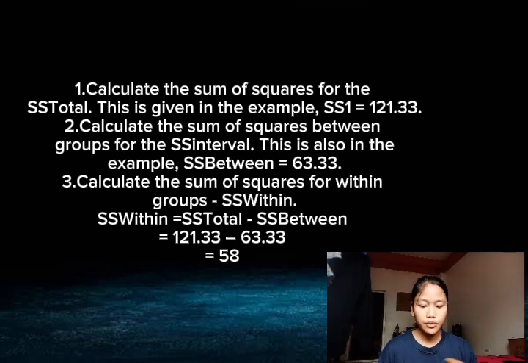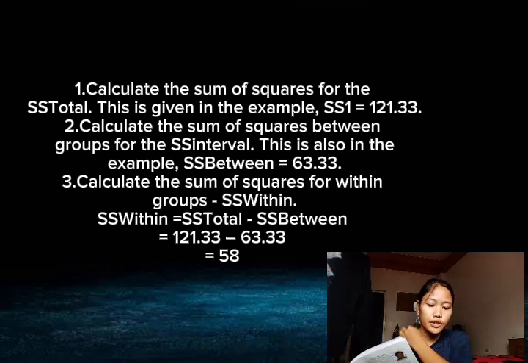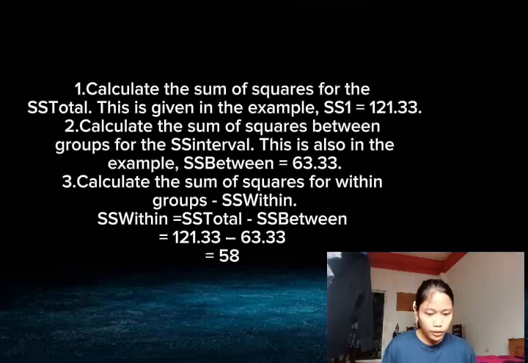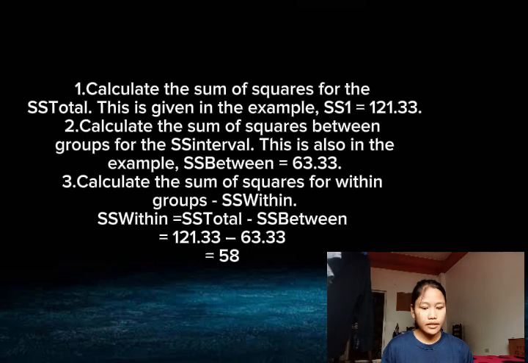Number 3, calculate the sum. The steps now in performing analysis of variance, which is called ANOVA. ANOVA, or the F ratio test, is a statistical test used to compare multiple groups to determine if there is a significant difference between them.